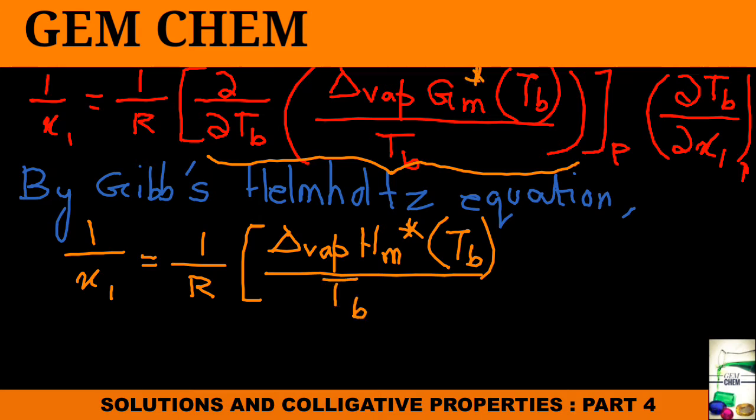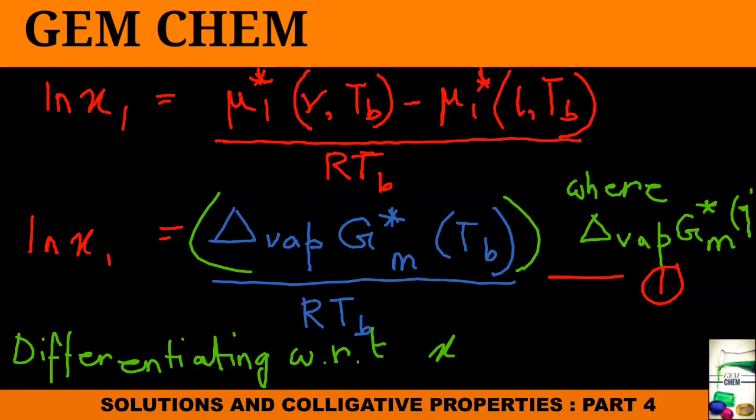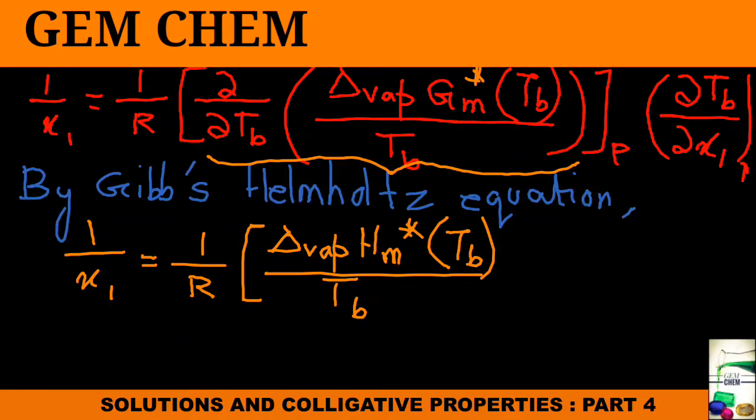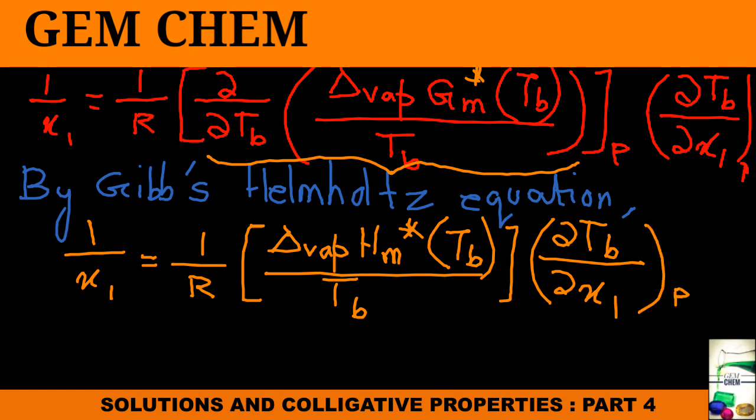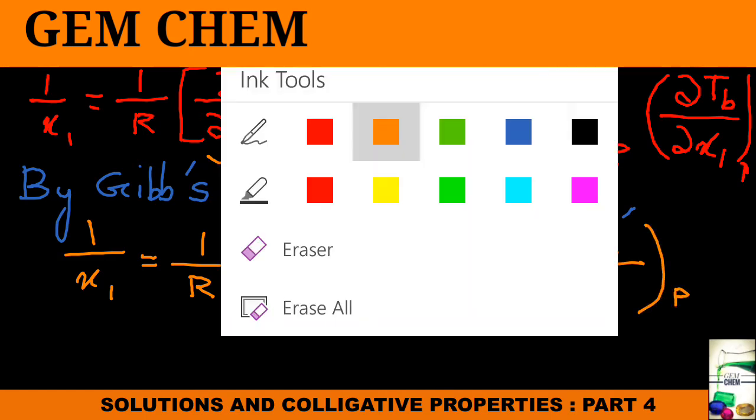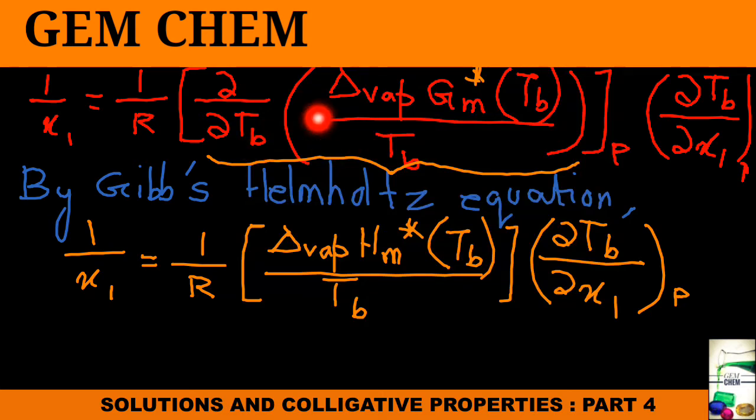Here also there must be a star because we are dealing with the pure substance, right? Now it will be like this, and we are left with delta Tb by delta x1. So according to the Helmholtz equation, this particular term can be substituted by this particular term.